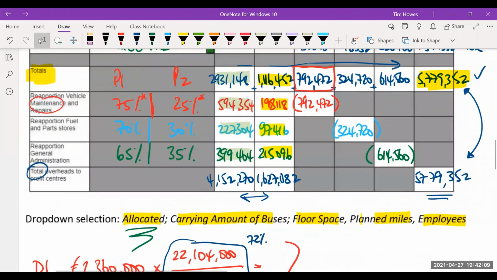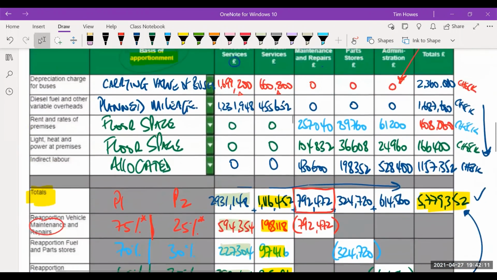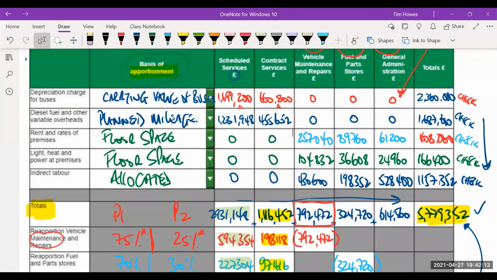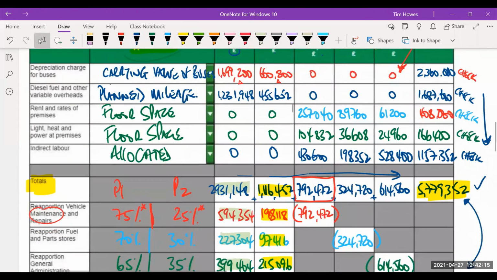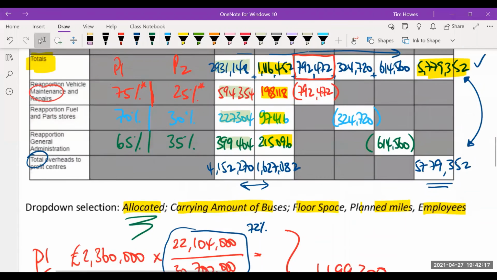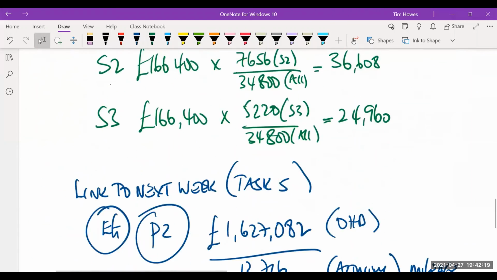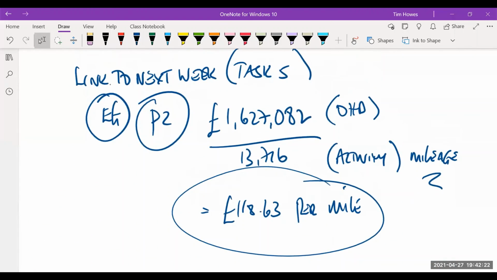You've got to take into account the maintenance costs, the parts storage people, the admin, etc. So how much does it cost to provide a mile of a contract bus ride? Well, in addition to things like the driver, £118.63 a mile.